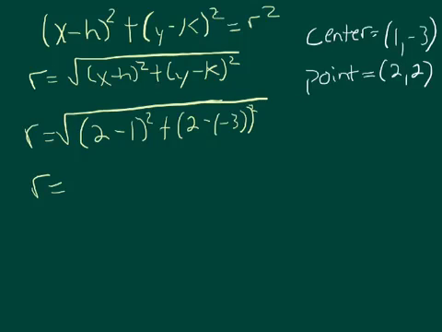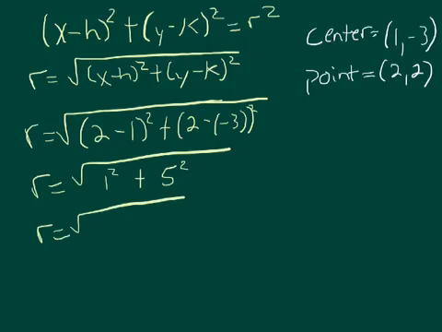Continuing that on, 2 minus 1 is 1 squared, plus 2 plus 3, or 5 squared. So the radius in this sense would be equal to the square root of 1 plus 25, or the radius is the square root of 26.